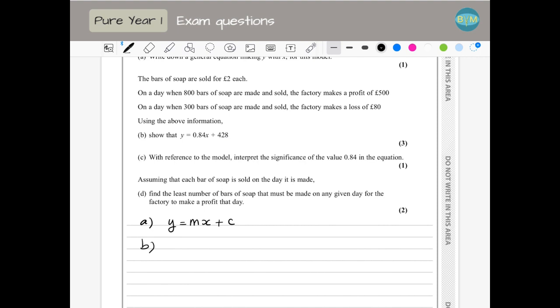So they are telling us when 800 bars are made, the profit is £500, and we know what the sales are, because they say that every bar is sold for £2.